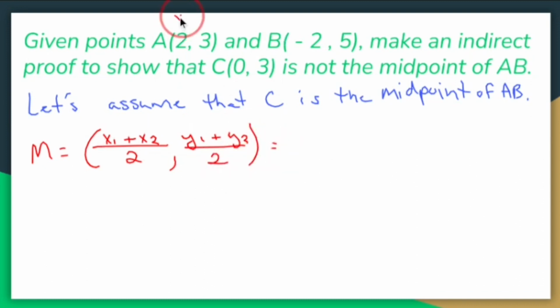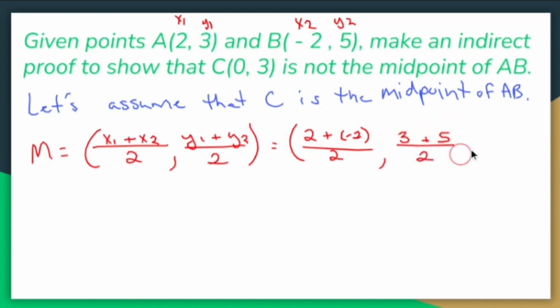If I call you x sub 1, y sub 1, call you x sub 2, y sub 2, then the midpoint is going to be (2 plus -2) all over 2, comma, (3 plus 5) all over 2. 2 plus -2 is 0, 0 over 2 is 0. Okay? 3 plus 5 is 8, 8 over 2 is 4.